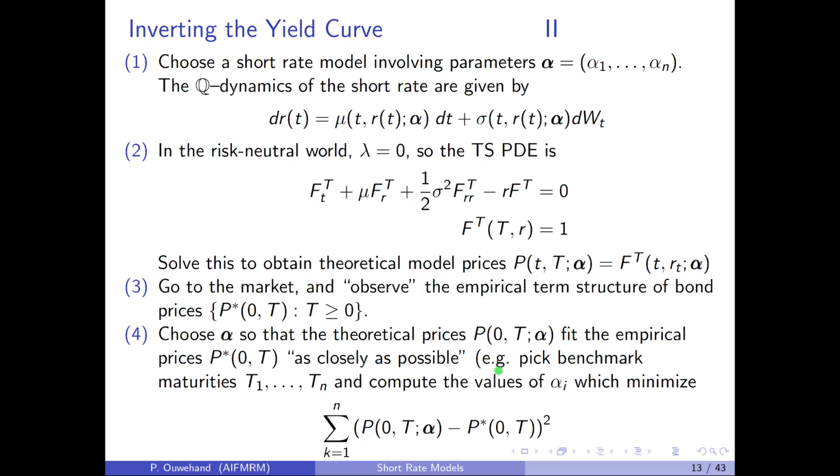For example, we could choose some benchmark maturities T1 up to Tn and then compute the values of alpha i which minimize the following expression. In other words, we minimize the sum of the square of the differences between the model prices and the observed empirical prices. This is just an optimization problem.